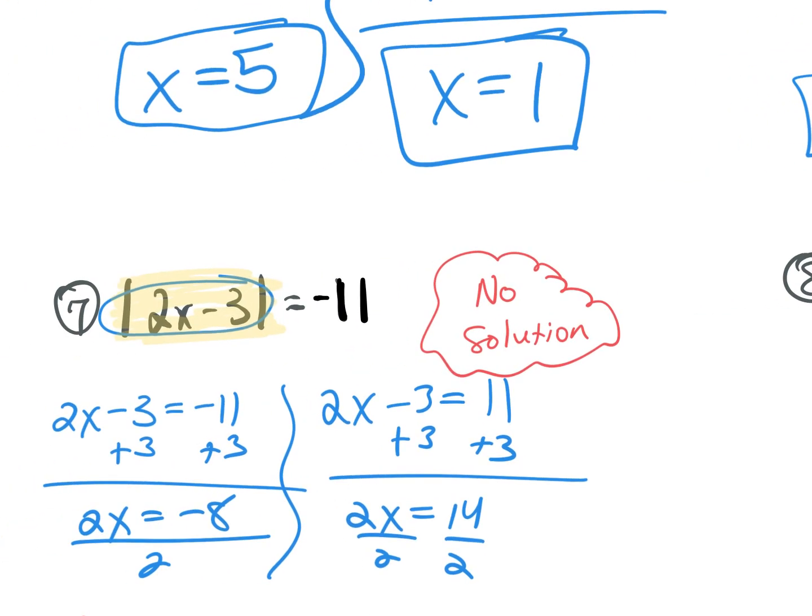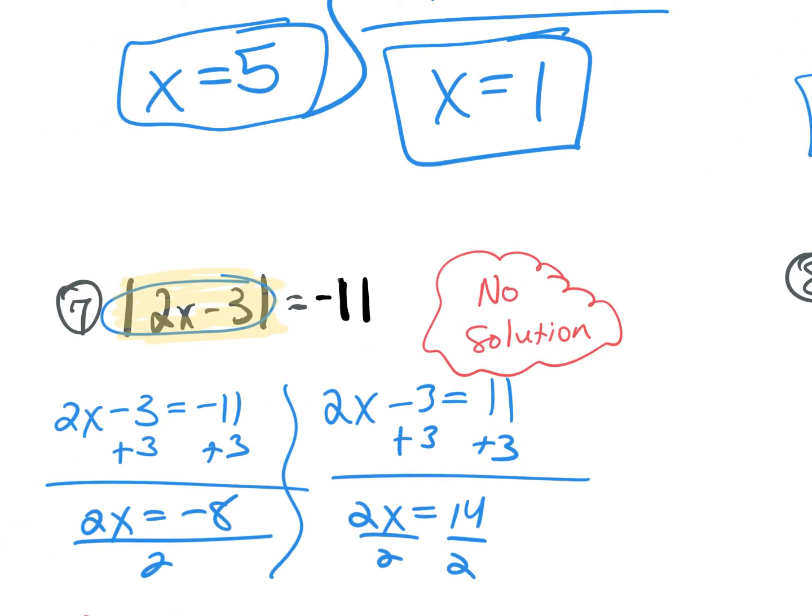When no solution occurs is once your absolute value bars are isolated and then it's set to a negative number. If you guys saw that from the very beginning, you could tell me no solution. But if I were you, just because we're still kind of learning this and getting into the swing of things, I would just go through the motions to solve and check.